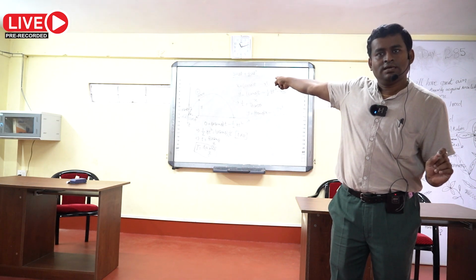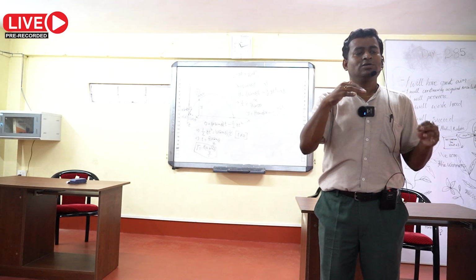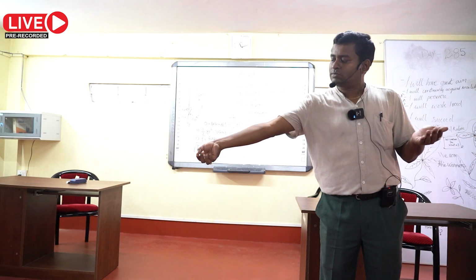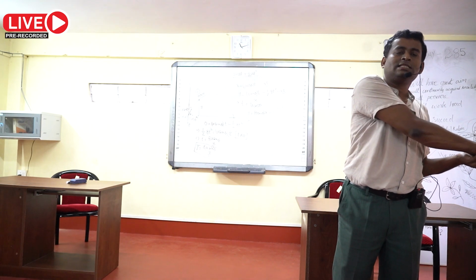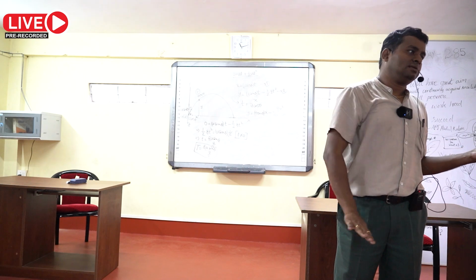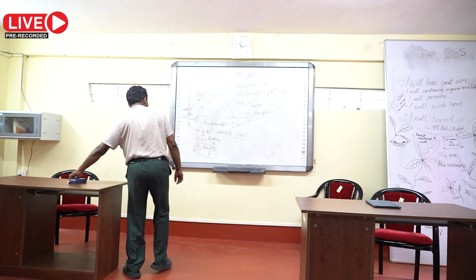It will not fall at the same point, it will fall at some distance along the x-axis. That is called the horizontal range of the projectile. Clear?